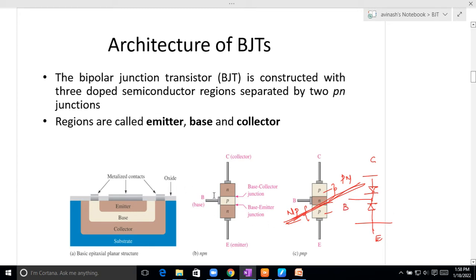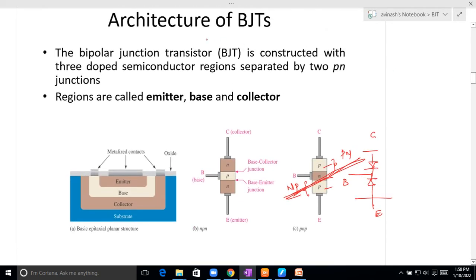Hope you understood now. As I said, a BJT is constructed with three doped semiconductor regions, emitter, base and collector, separated by two PN junctions. Two PN junctions means two diodes, two junctions. Those three regions are different semiconductor regions. How many junctions are there?